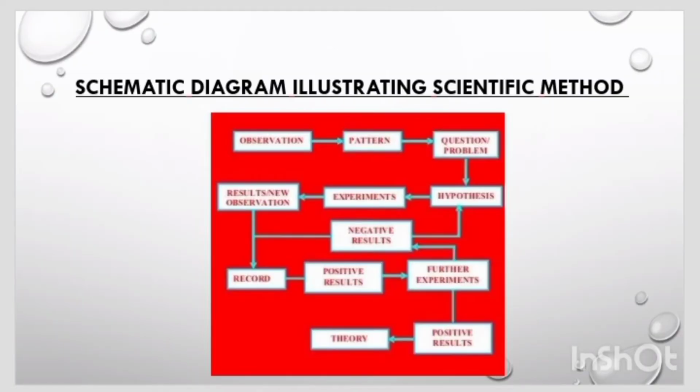Here is a schematic diagram illustrating scientific method. The first here is observation. Yes, a scientist looks around the environment and sees things happening. The curious nature of the scientist raises a question from the patterns observed, and this question results in a hypothesis.